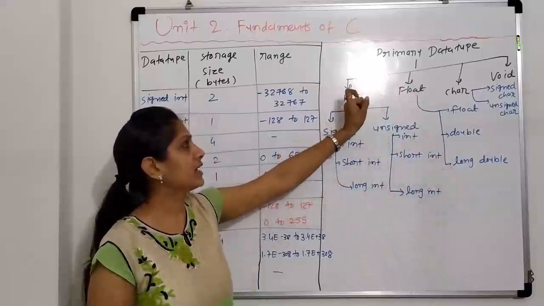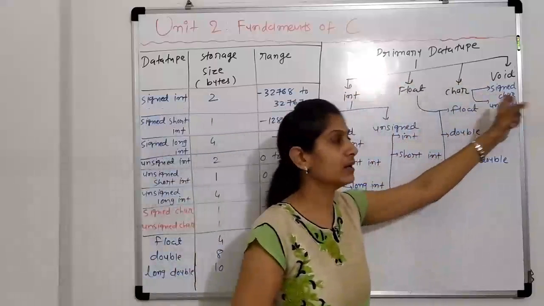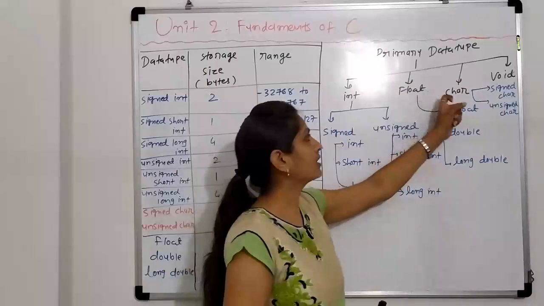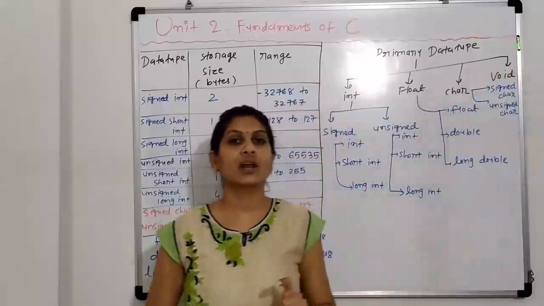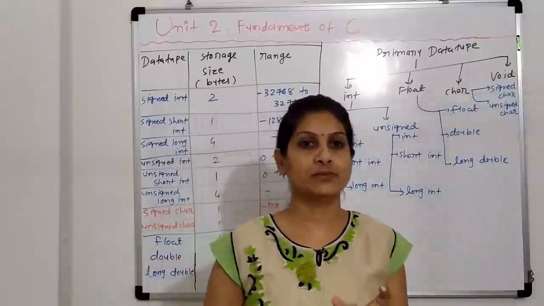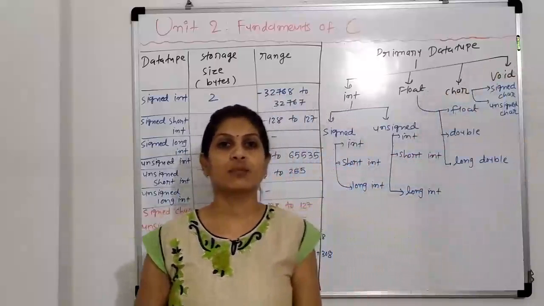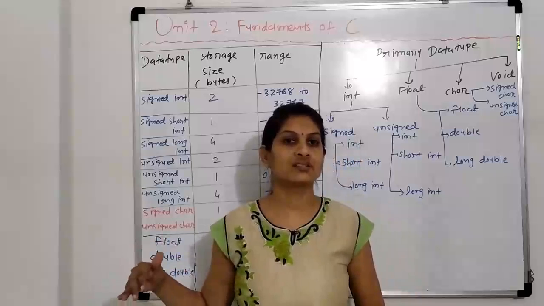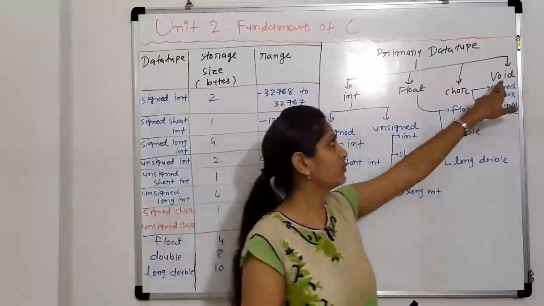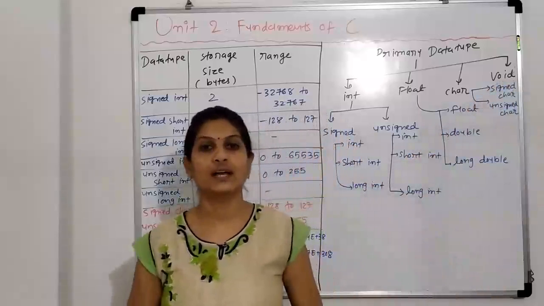The primary data types are divided in four parts: integer, float, character and void. This void data type is generally used in the function chapter. In the structure of a C program, the last portion is the user defined function section. At that place we use void kind of data.